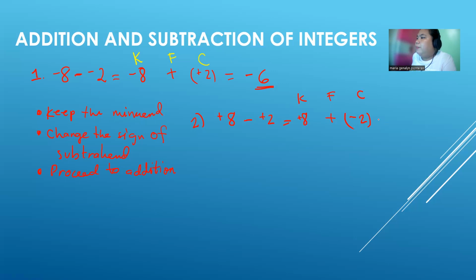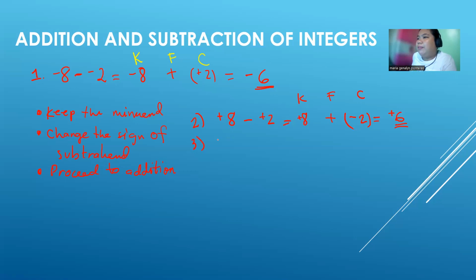So from positive 2, you make it negative 2, that would be positive 6. Yan yung sinusunod namin na acronym here. So merong steps na sinusundan yung bata, mabilis lang. So KFC, they know what is KFC: keep, flip, and change.